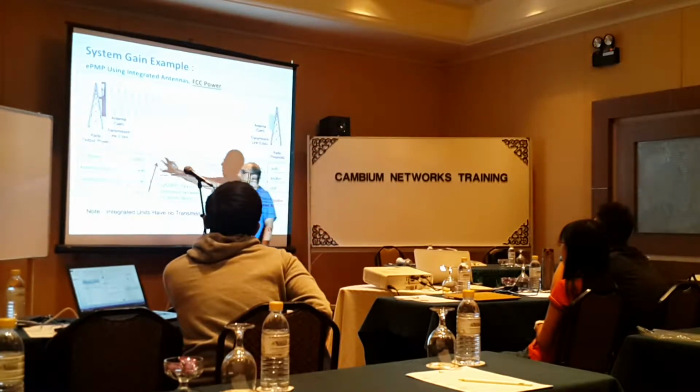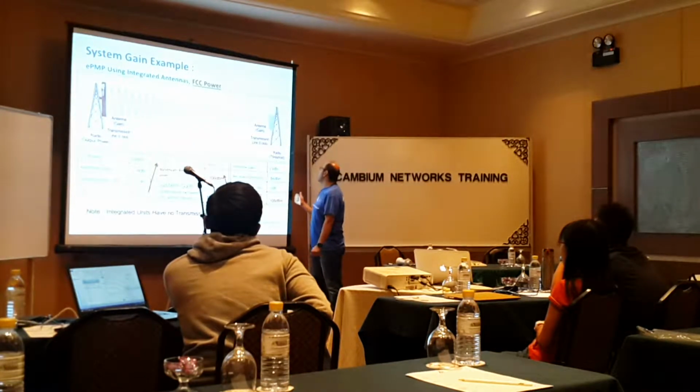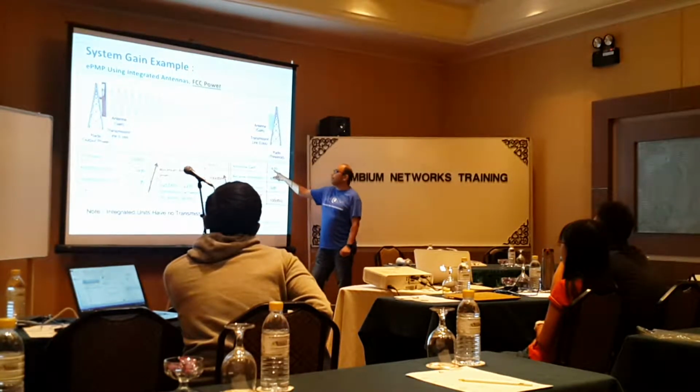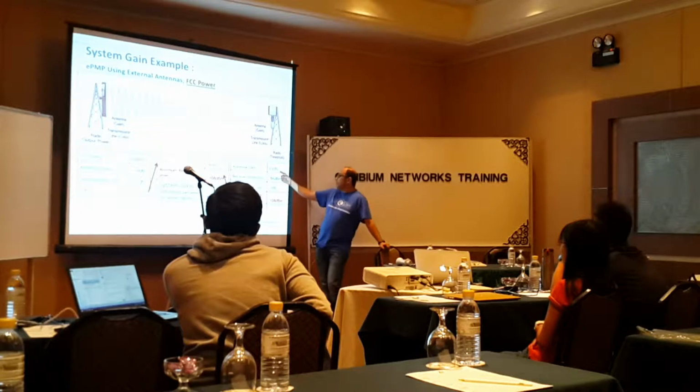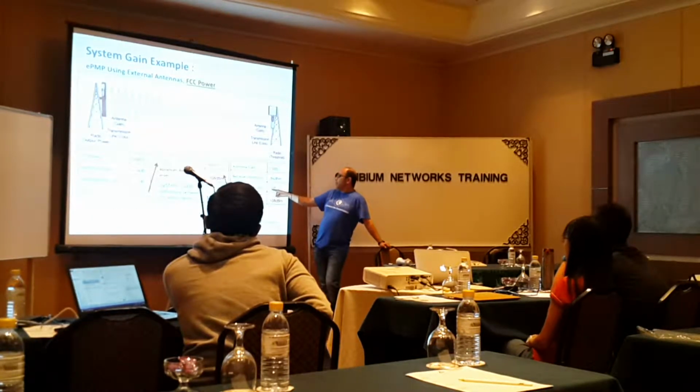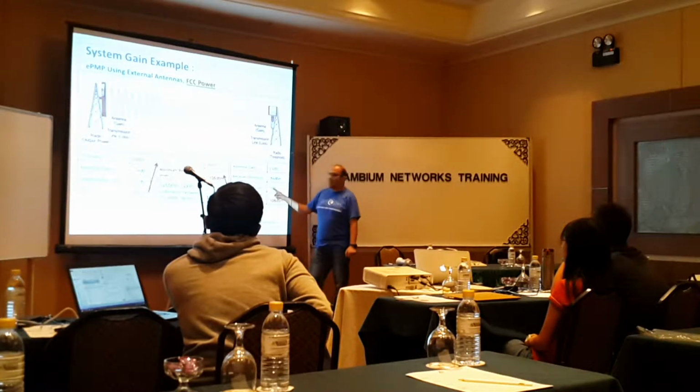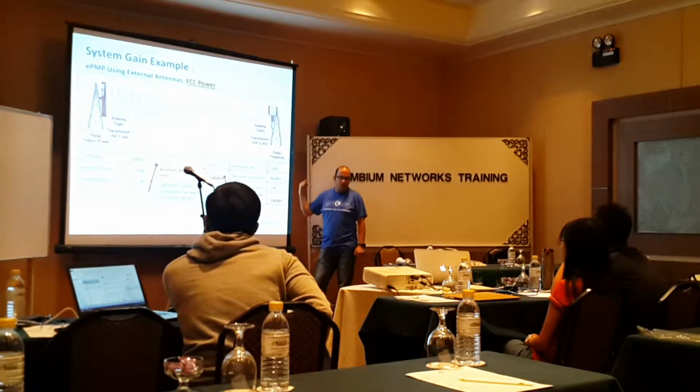As you can see, the TX side is the same. Now on the RX side, the antenna gain of the integrated module is 14. The antenna gain of this device is 23 dB. The minimum threshold is still the same, and because of the connector, we have 1 dB loss.